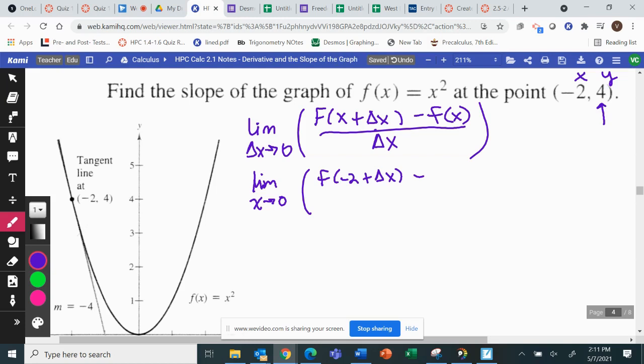The f of x that goes with x is what I meant, not just in general, but it'll be 4, because we're specifically talking about 1 point. So this is our x comma f of x. I wrote y. I should have written f of x. Okay, and then that's going to be over delta x.